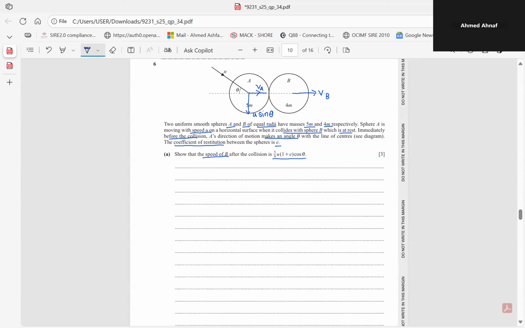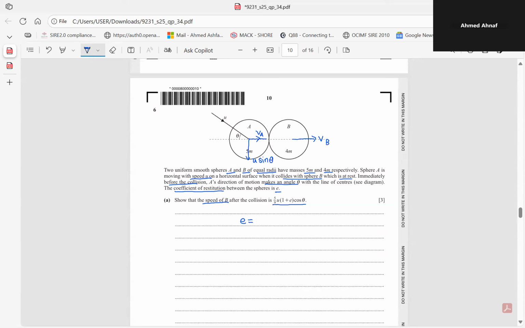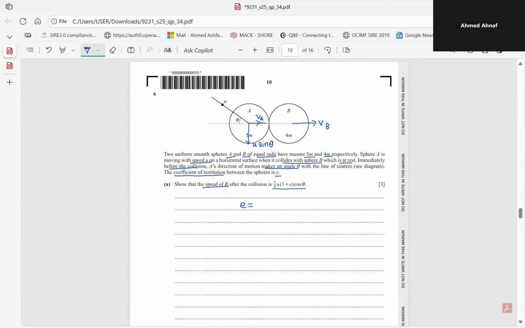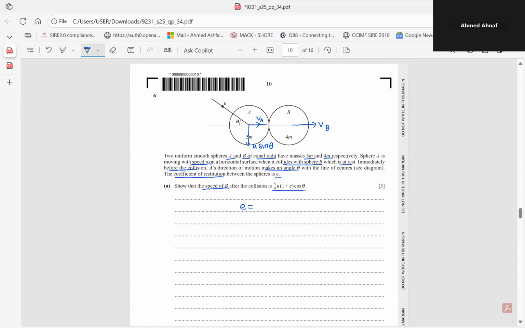Okay, so with that, let's start with the first one. Okay, you know what? Let's take VA to be in this direction. So this direction is positive and this direction is negative.